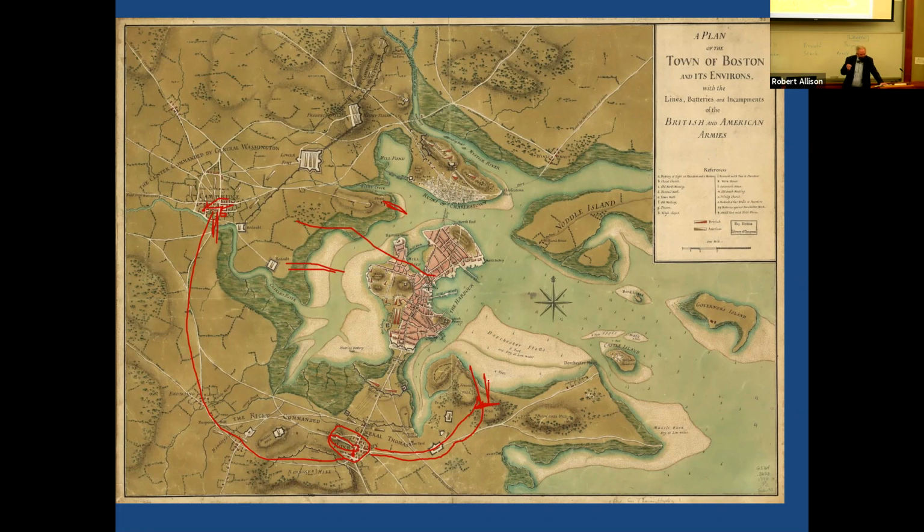Now, remember, the previous year, the Americans had dug in at Bunker Hill overnight. That was in June. This is March. The ground is pretty much frozen.